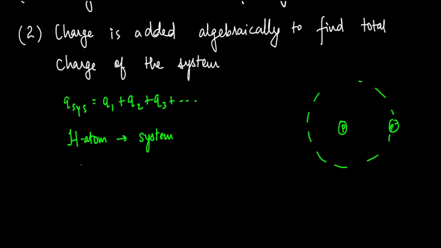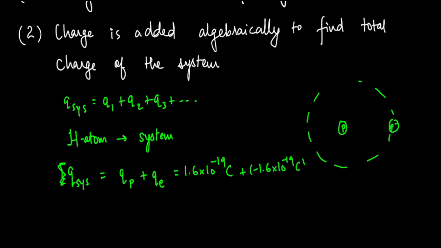If we now find the total charge on this system, the hydrogen atom, then you could say sigma q on the system is equal to charge of the proton plus charge of the electron. In this particular case, this is going to be 1.6 into 10 raised to minus 19 coulomb for the proton, and minus 1.6 into 10 raised to minus 19 coulomb for the electron.